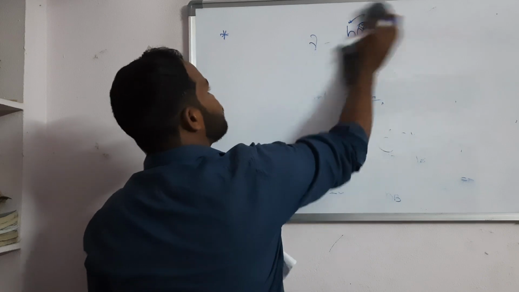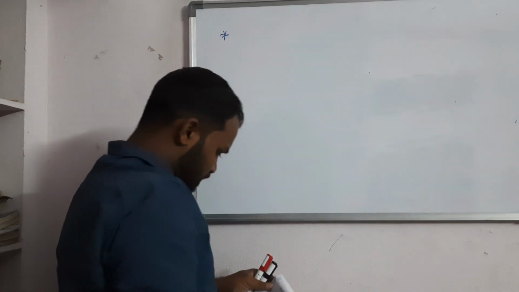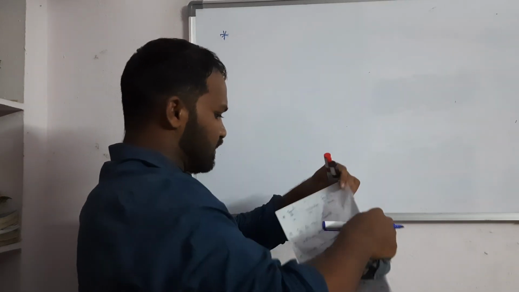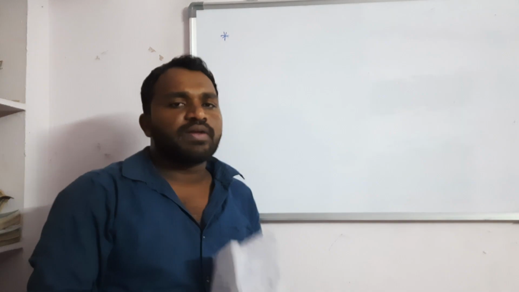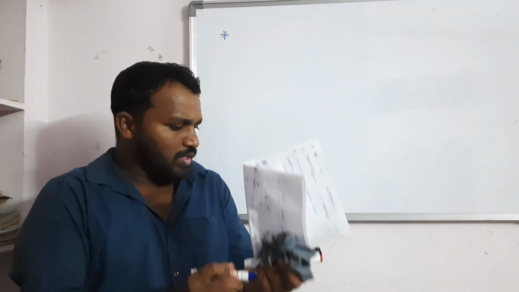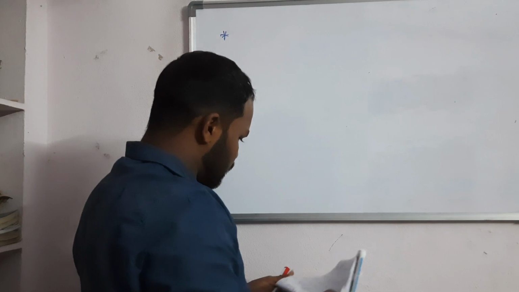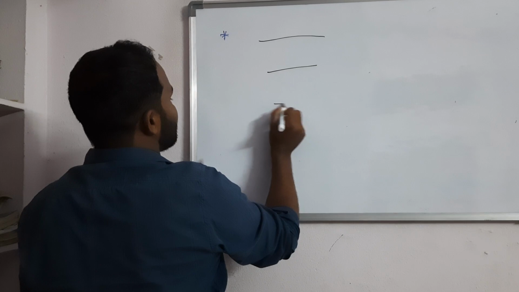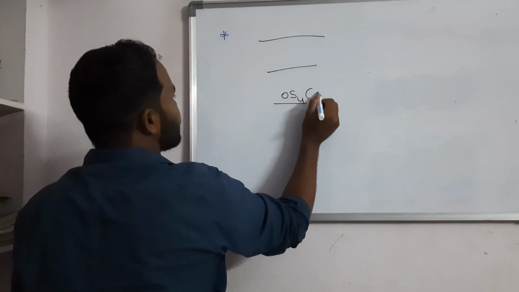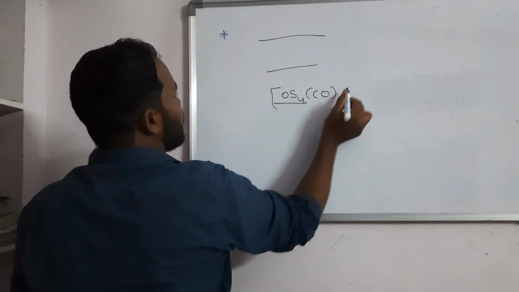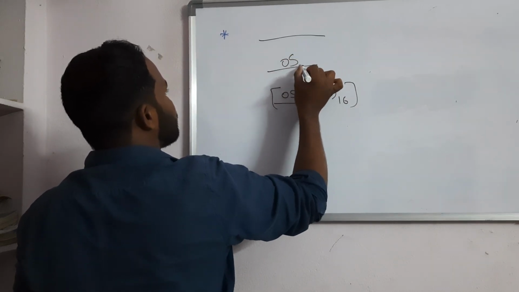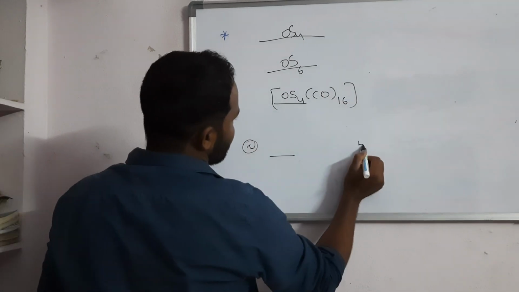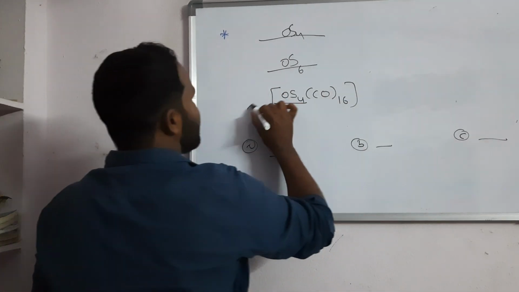So next question is a very simple question they asked. This is the question they asked from the Kruther book, a direct question. If you see this question, you will surely understand it. They gave metal complexes, something like CO16, and osmium with respect to something, with 6 metals or 4 metals. Options A, B, C they gave. This is the C I remembered.